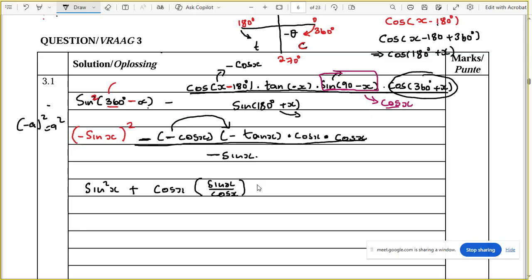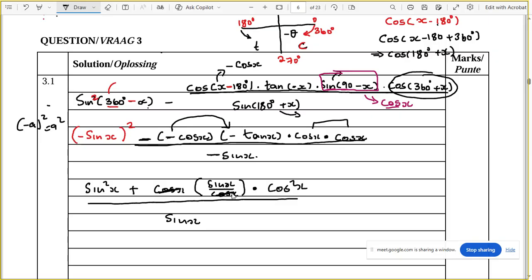Then close the bracket. This is multiplied by the cos x times, okay, let's just say the cos squared x. So I'm just going to multiply this cos and that cos, which will give us the cos squared x. Then everything is divided by positive sine x.